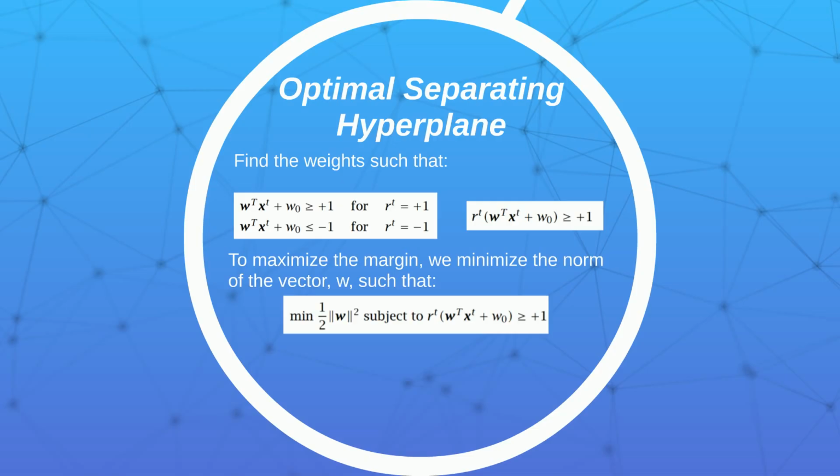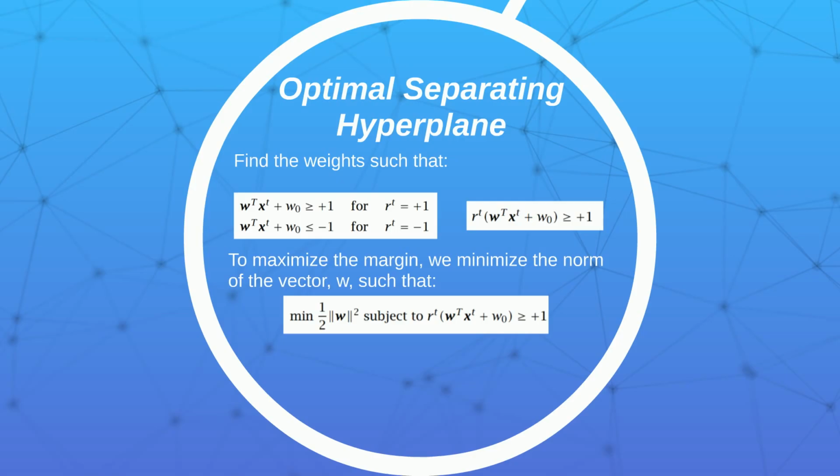And the math to calculate this is beyond the scope of this video and this introductory course, but for now it's worth noting simply that finding the optimal separating hyperplane is going to depend on the norm of the weight vector, and we're trying to minimize that while keeping it subject to our following linear function defined above.